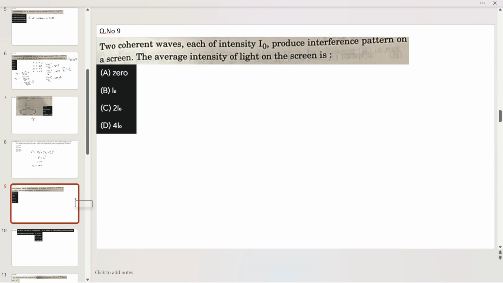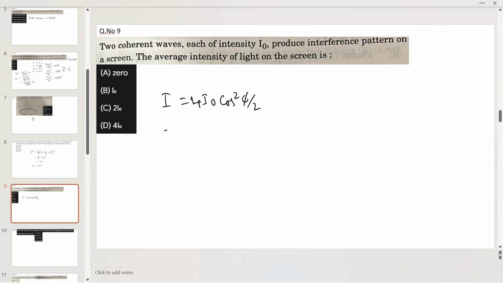Now my next question is, two coherent waves, each of intensity I naught, produce an interference pattern on the screen, and we need the average intensity. Here I will be equal to 4 I naught cos square phi by 2.